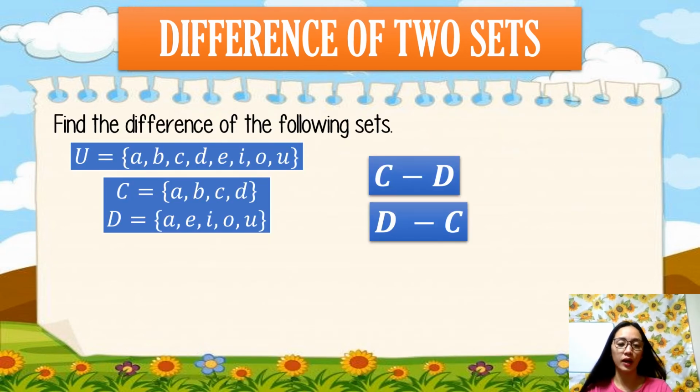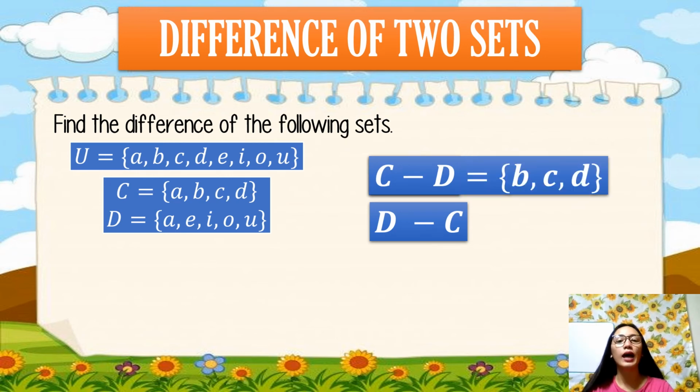For example, again, we will use the universal set given a while ago, and the elements of set C and set D. If we are going to get the difference of set C and set D, we will have elements B, C, and D. Now, when we say C minus D, your answer will be C only. It means we have here the element A from set C. Again, excluding the common element of the two given sets.